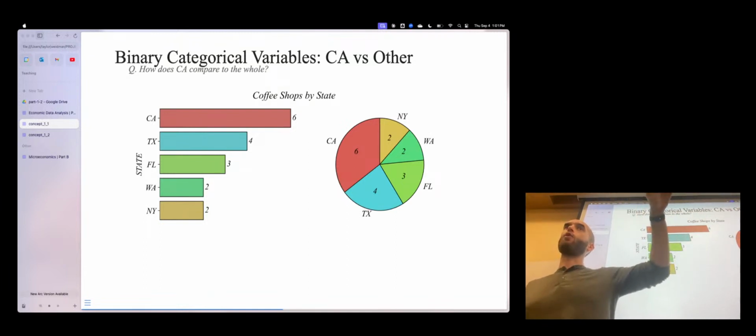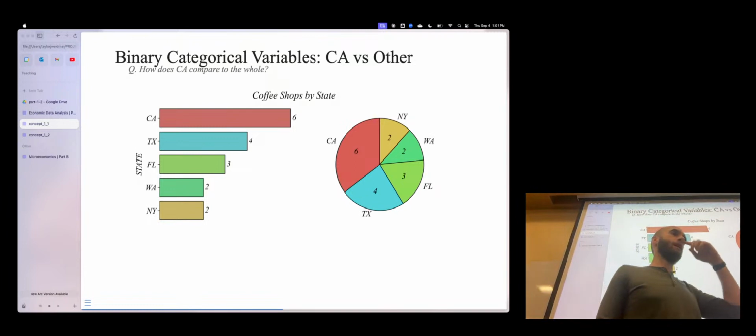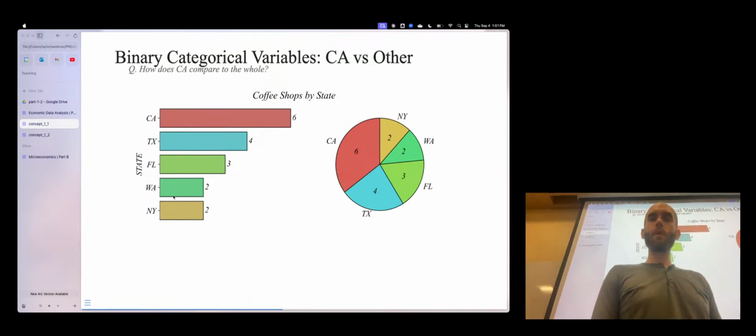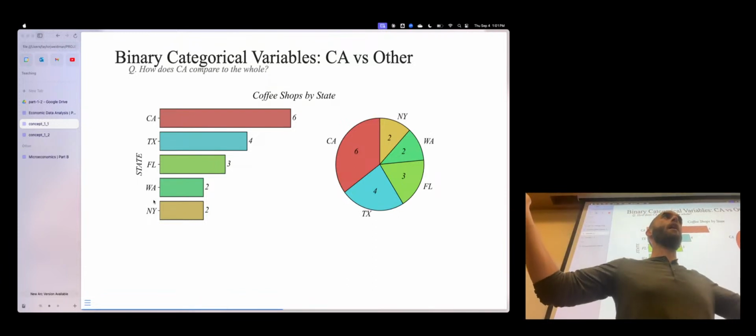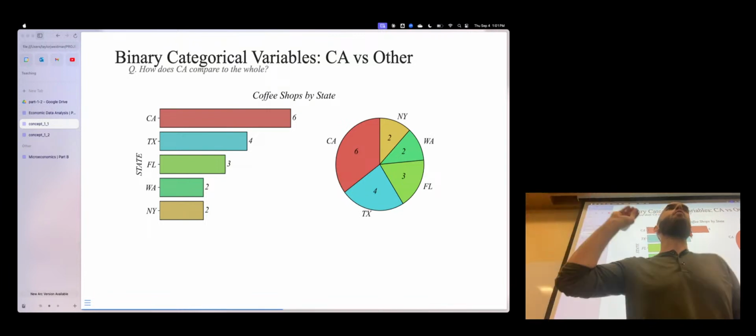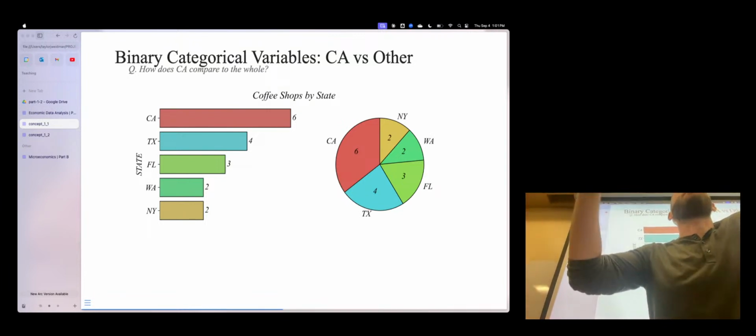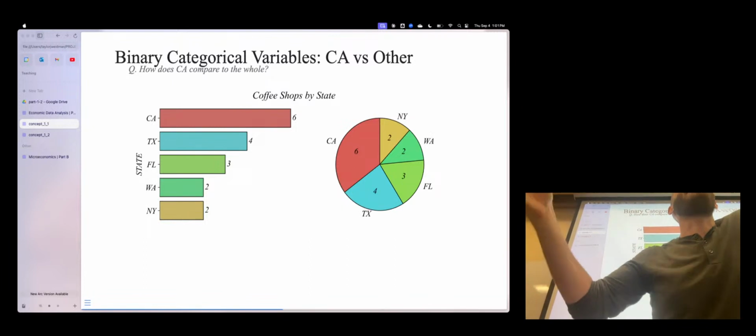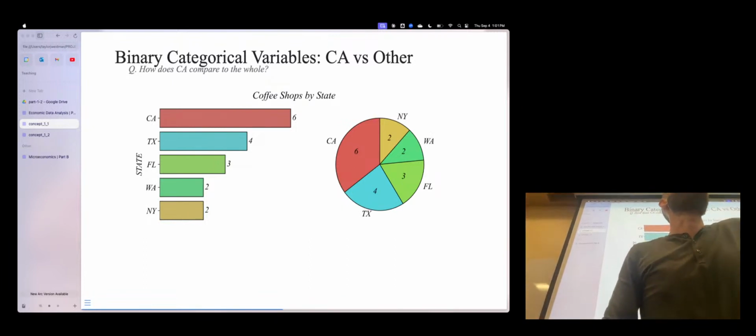So we looked at categorical variables. When we did nominal categorical variables like this, where we have an unordered set of categories, and we had more than two unordered categories, we generally thought bar plots were the best approach, at least for most use cases.